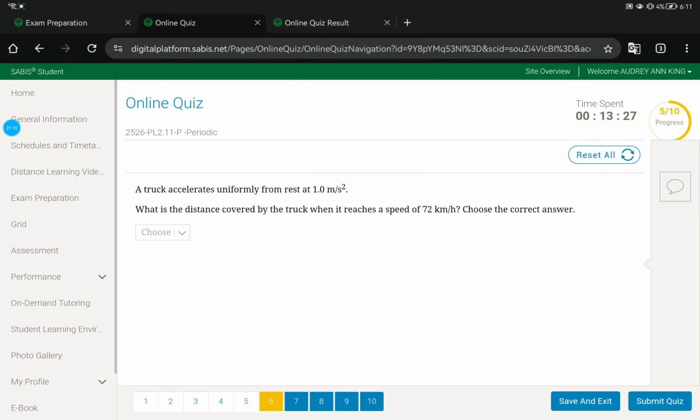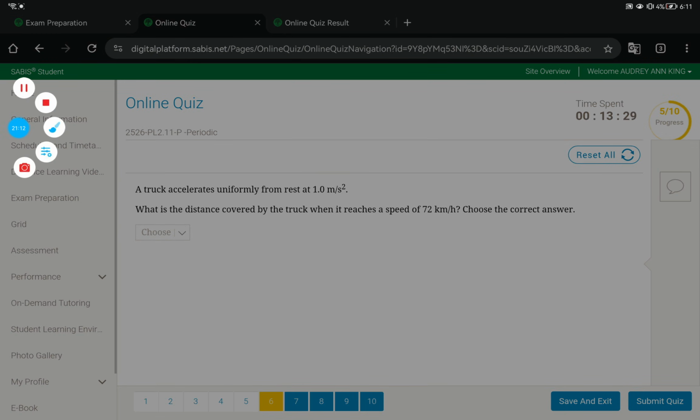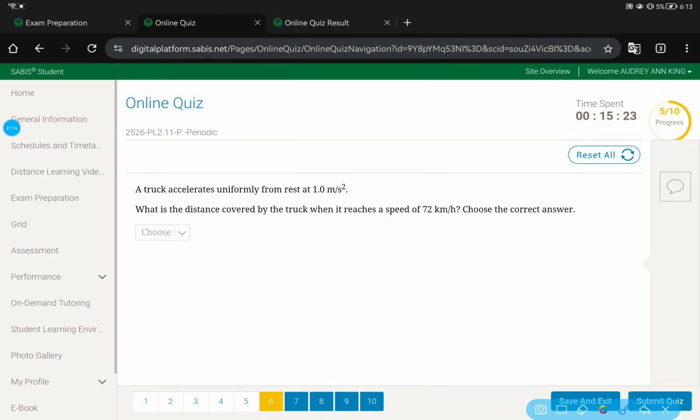What is the distance covered by the truck when it reaches a speed of 72 kilometers per hour? Okay, so for this one, we're going to use this formula. Velocity squared equals initial velocity squared plus 2 times acceleration times displacement. Before we even start using this formula, we need to convert this into meters per second. So we divide it by 3.6.